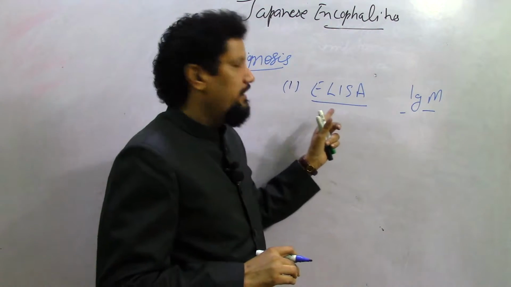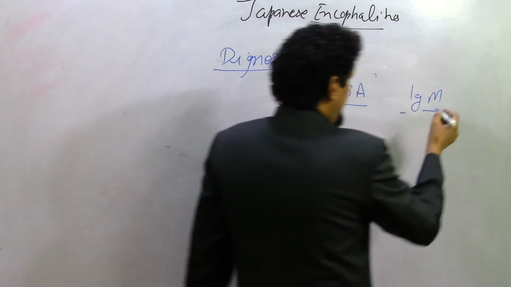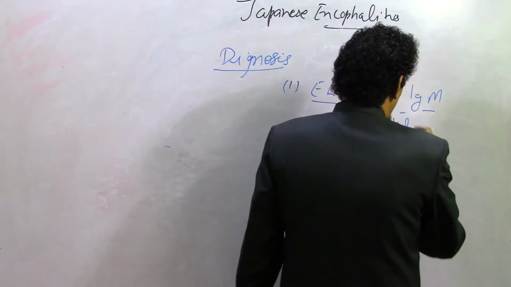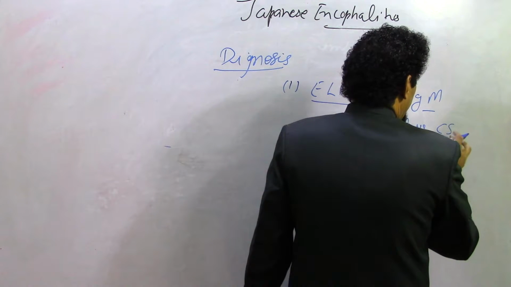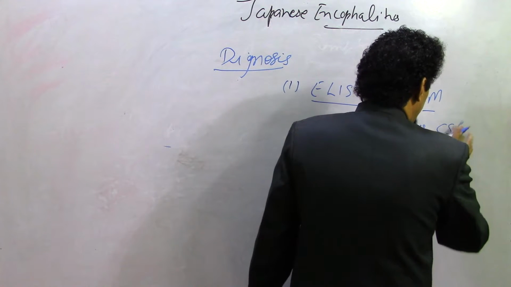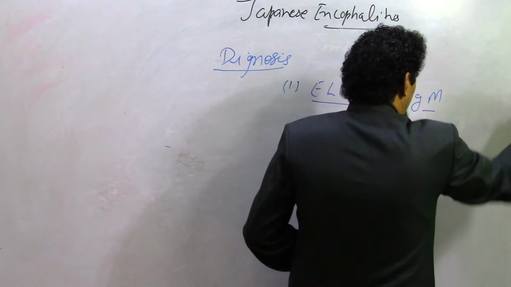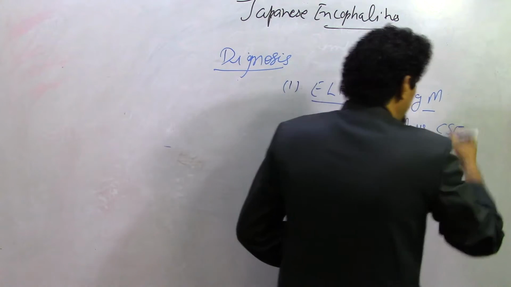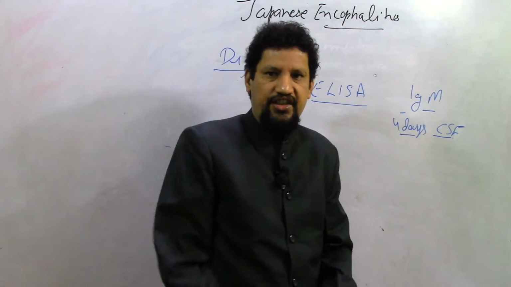The ELISA captures the IgM after 4 days in CSF, that is cerebrospinal fluid, and it captures the IgM in serum on 7th day.